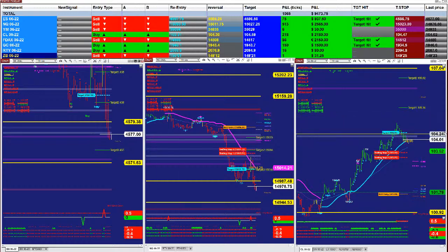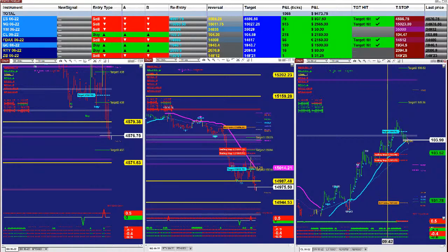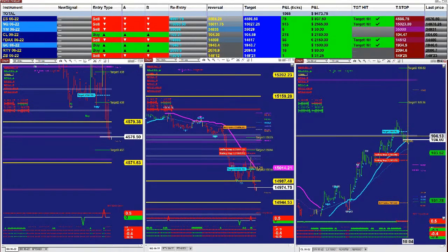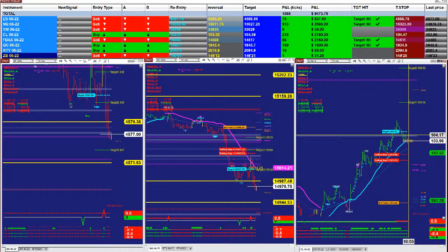For the CL on the sim, we're not responsible for your trade. On the sim, if the CL breaks the 104.17, it is a go long. On a sim, we're not responsible for your trade.